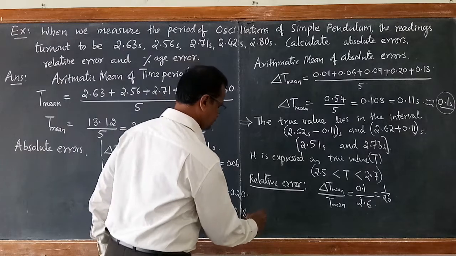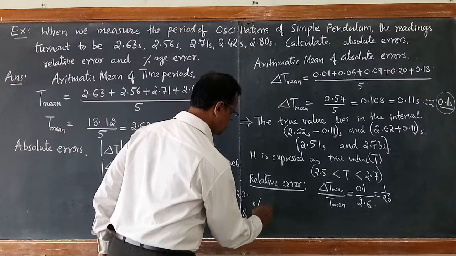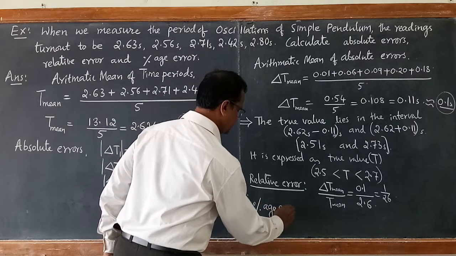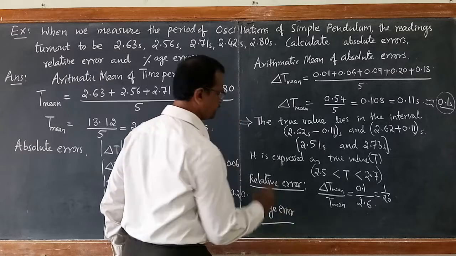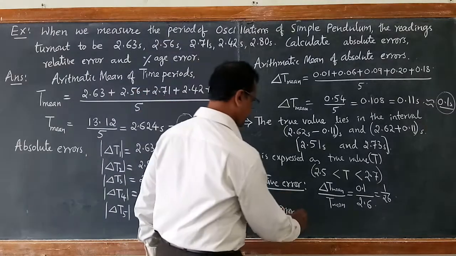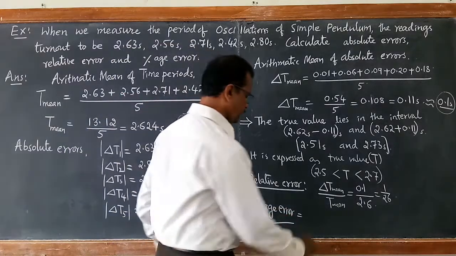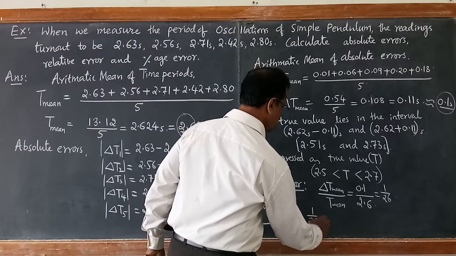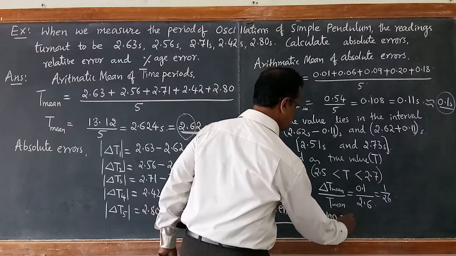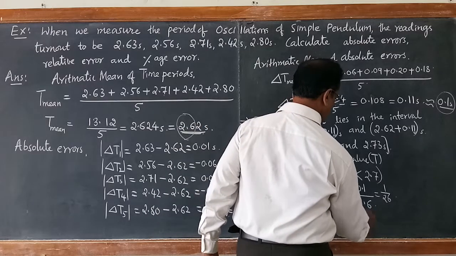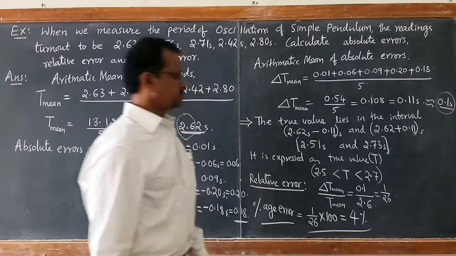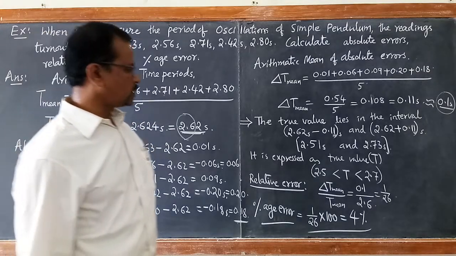Now percentage error can be calculated using the relative error, multiplied by 100. 1 by 26 into 100 gives us about 4%.